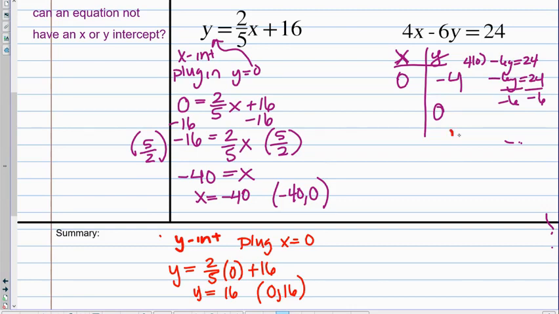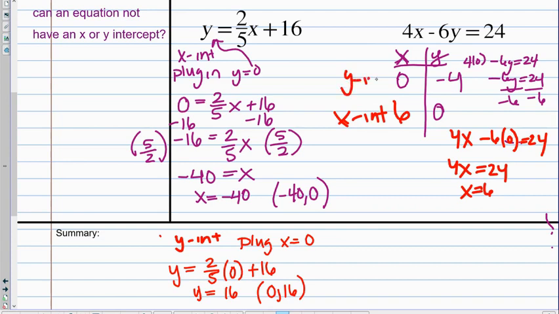And then I'll do this again and say 4x minus 6 times 0 equals 24. And then I have 4x equals 24, divide by 4, and x equals 6, and that goes here. Okay, so this is your x-intercept, and this is your y-intercept.